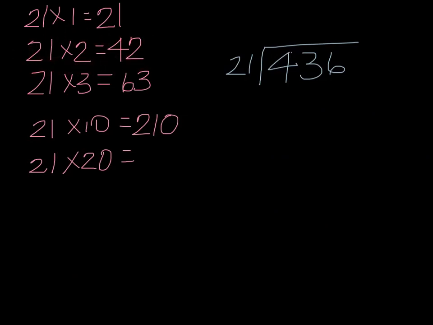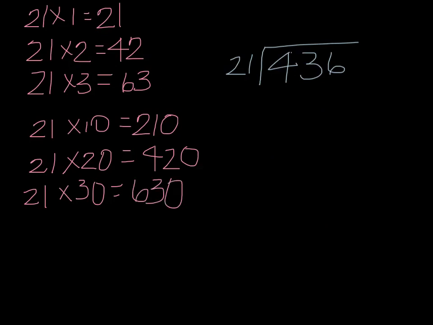So 21 times 20 is, there's my 42, add a 0. It's 420. And last but not least, 21 times 30 is going to be, you got it, 630. So now I'm going to use all of those to help me divide this number.